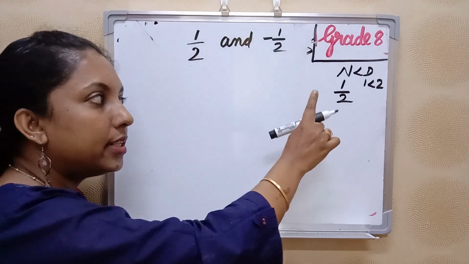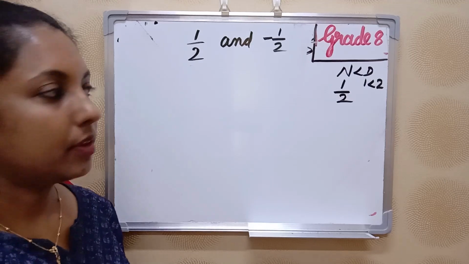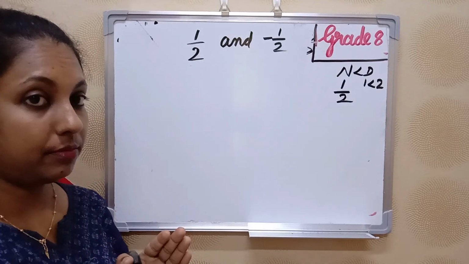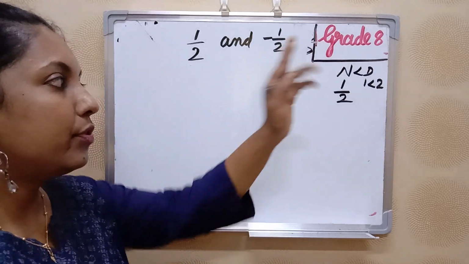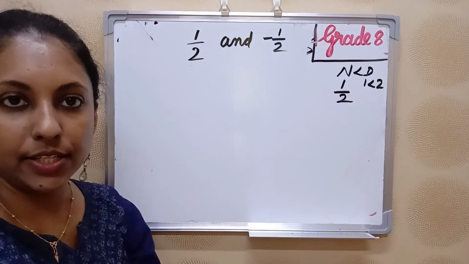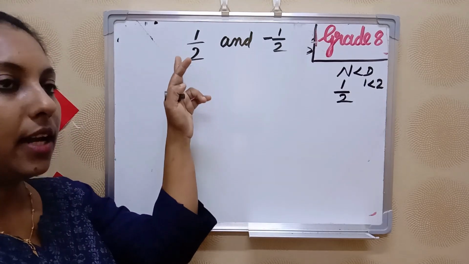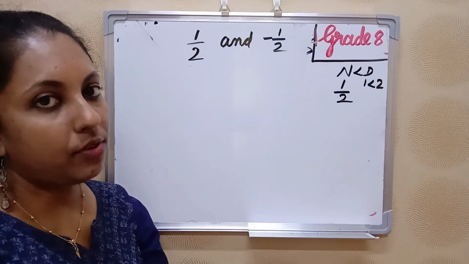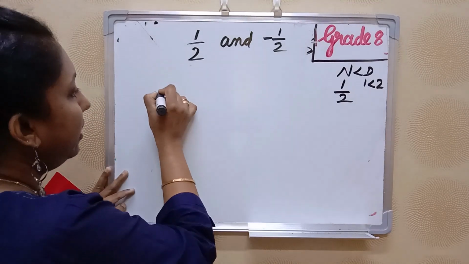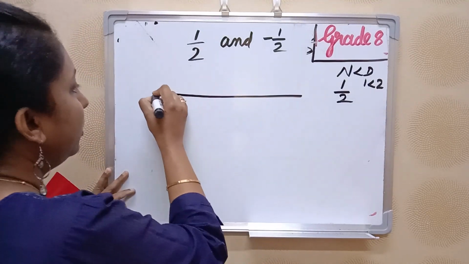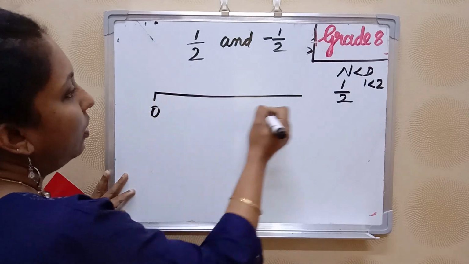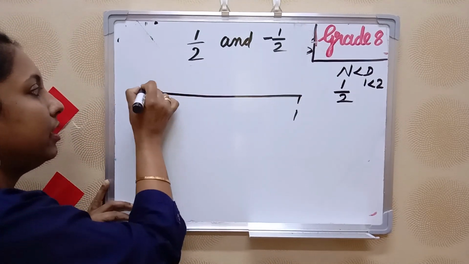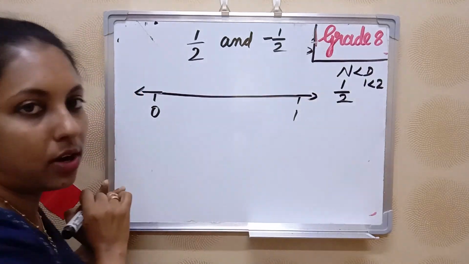If the numerator is less than the denominator, the rational number lies in between 0 and 1. Keep this in mind. So we can draw the line and mark only 0 and 1, because 1 by 2 lies in between 0 and 1.